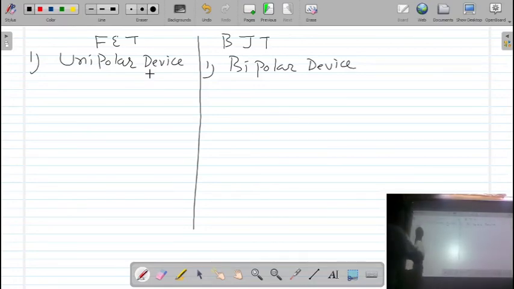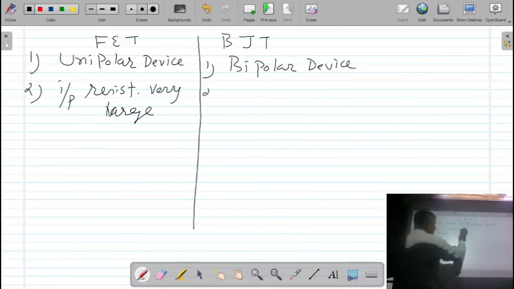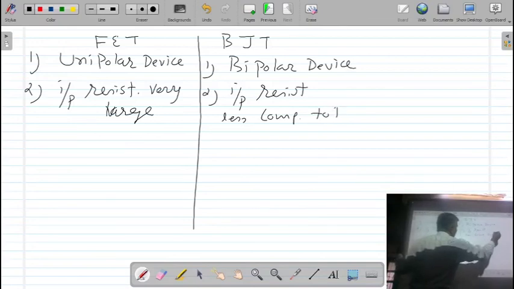Here both types of charge carriers are used. Second, in FET the input resistance is very large. In BJT, the input resistance is low compared to FET.